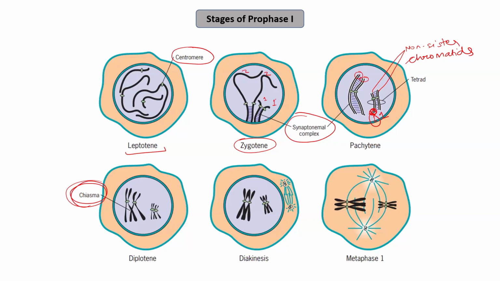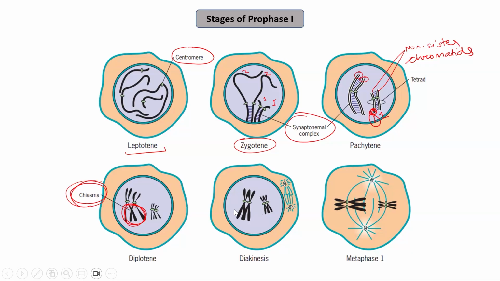During the formation of chiasmata, we can see that there is an interaction between the non-sister chromatids. The chromatid from one homologous chromosome interacts with the chromatid of the other homologous chromosome, and therefore the recombination happens. So the genetic material gets exchanged and recombination happens.